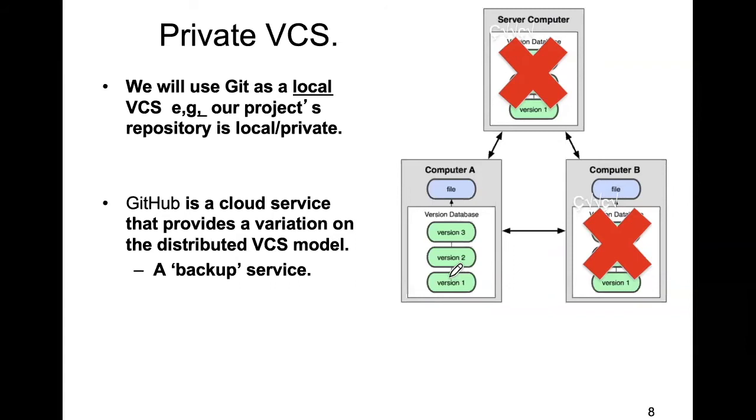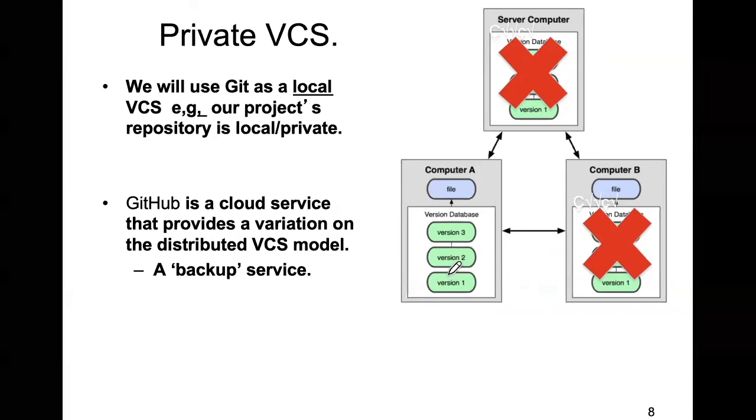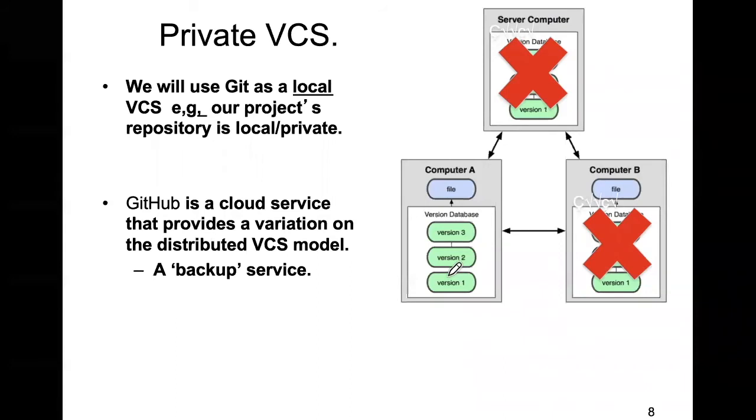So in the labs, you will be using Git in this standalone private mode. Later on in the module, we will be using GitHub. But as I said, GitHub is really only a means of making backup copies. It's a bit more sophisticated than that, but essentially that is all it is, a backup mechanism.